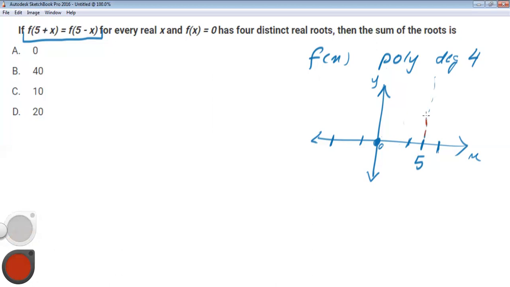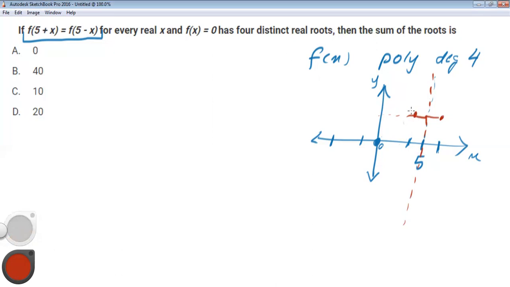Then the function is symmetric around x equals 5. Are you getting it? If the value at this point is this much, then at the same distance on the other side it is going to be this much. If you look at it graphically, fine.